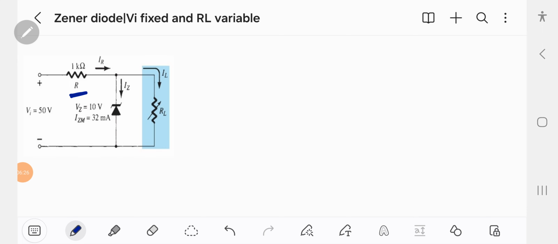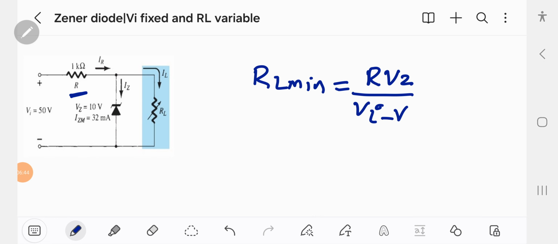So let's start from equation 1. When we are going to find RL minimum, for which the diode is on, R is 1K and VZ is 10 volt, and VI is 50 minus 10.